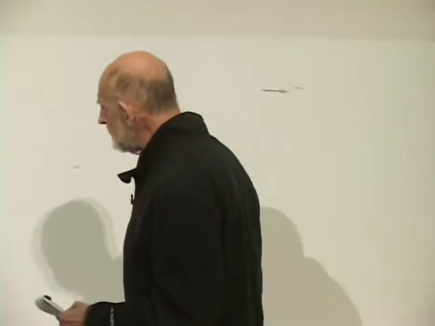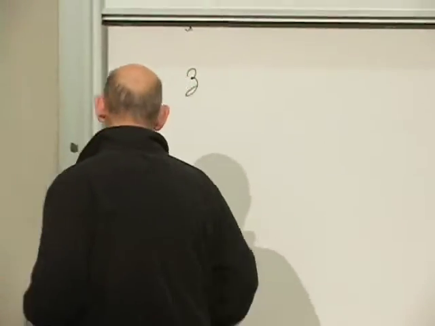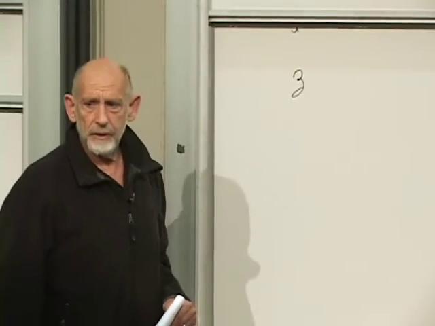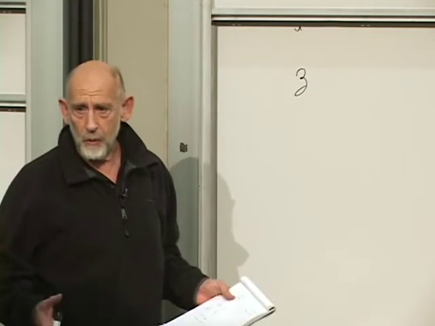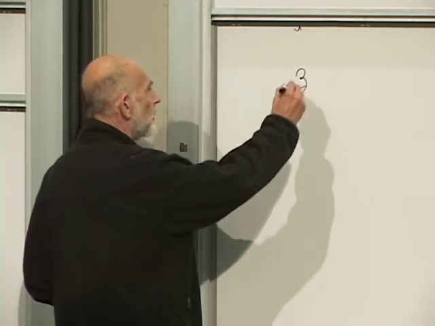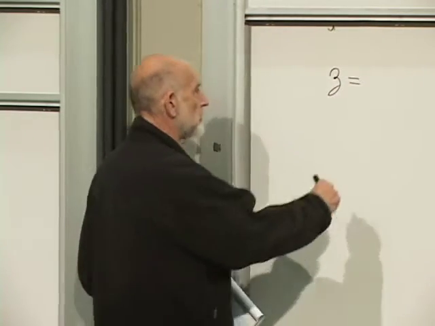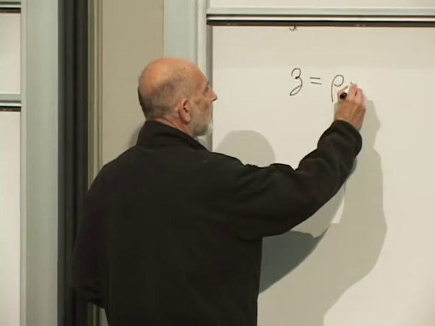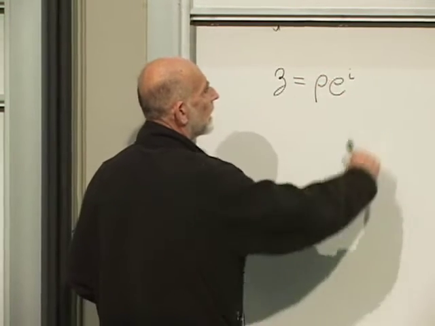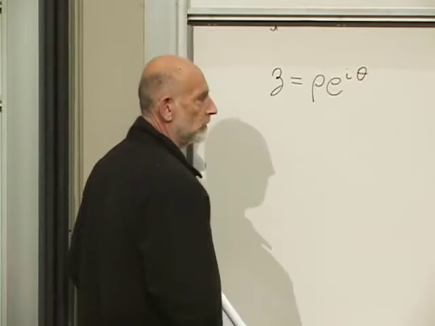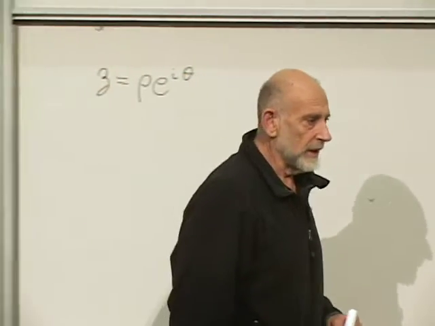It's meant to be a small complex number, but it doesn't need to be small for this purpose. It can be represented as x plus iy, but it can also be represented another way in polar coordinates, as a radius, let's call it rho, times e to the i times an angle. That's another form of a complex number.